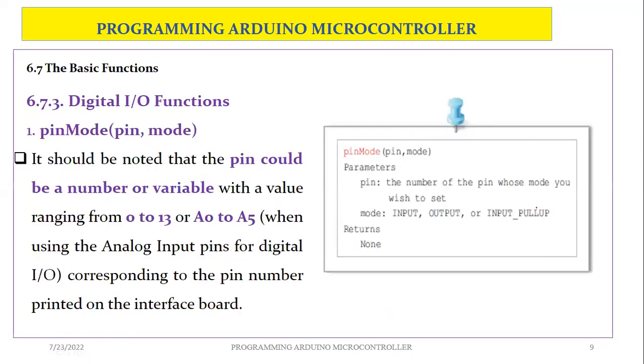So for the Arduino Uno microcontroller, the digital pins are numbered from 0 to 13.